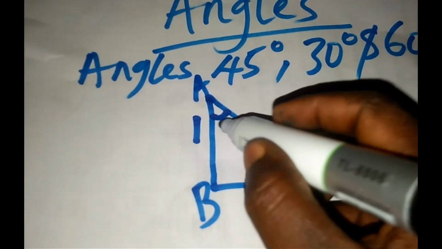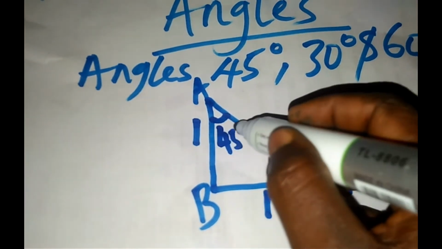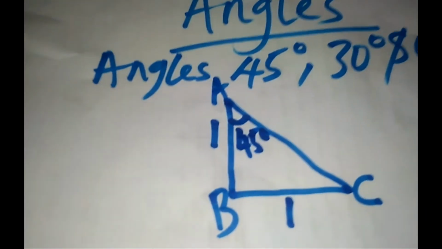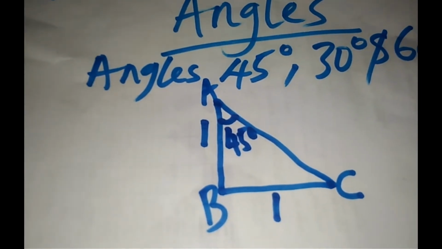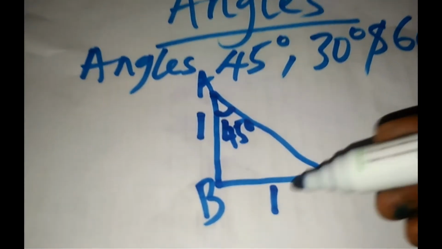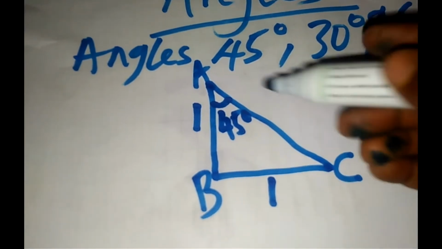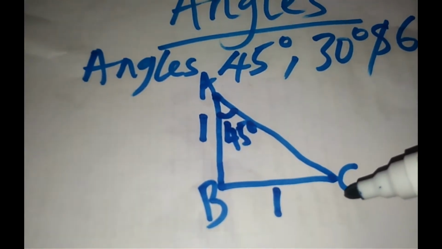So if we have 45 degrees here, we are looking for ratios of 45 degrees. It means this side is the opposite and we are looking for the hypotenuse.